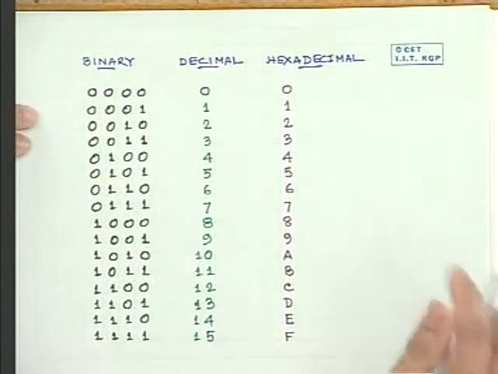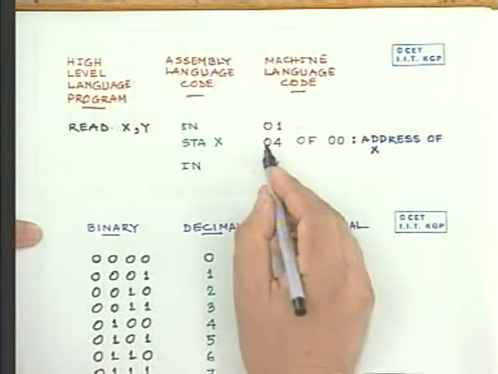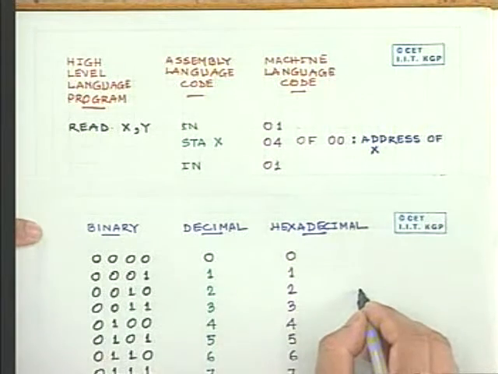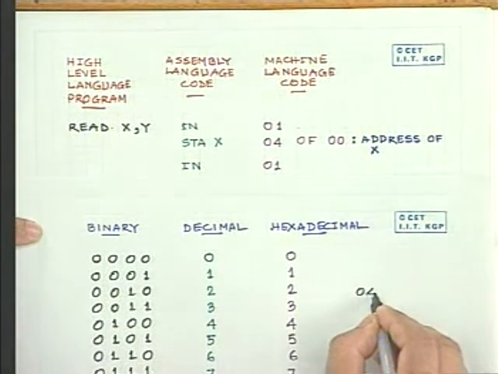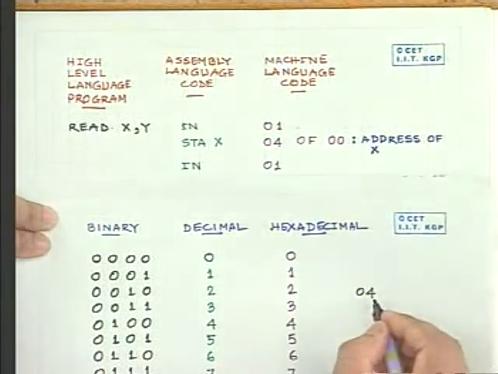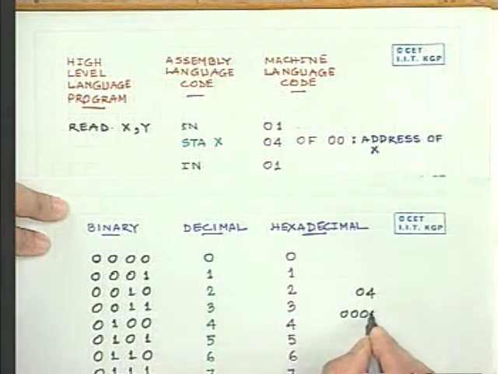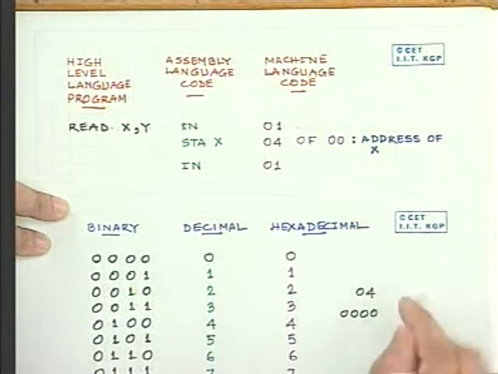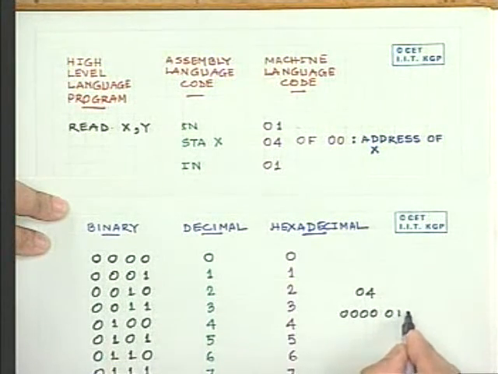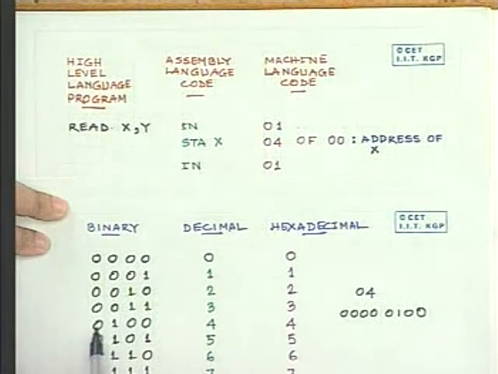For example, now, if we have, say, a hexadecimal figure 04, right, say 04, essentially what I mean is this 0 is 0, 0, 0, 0 and this 4 is 0, 1, 0, 0. You see this is 4.